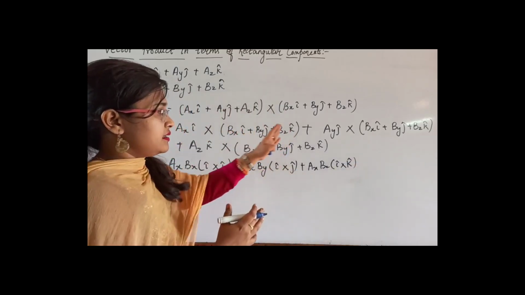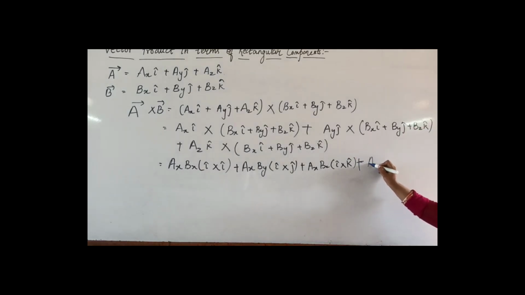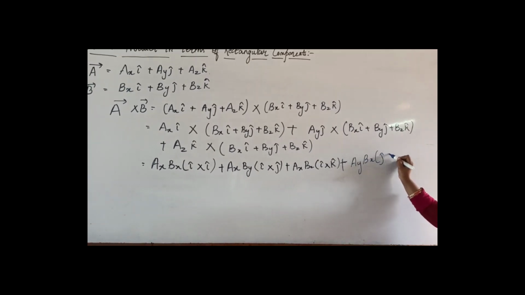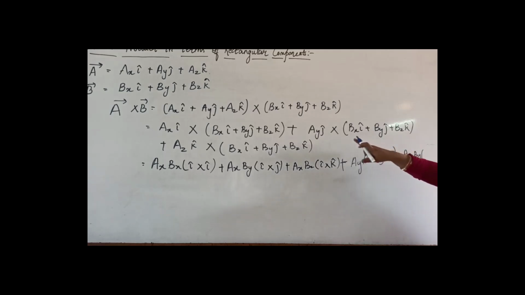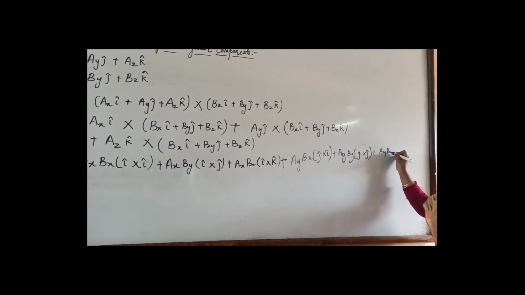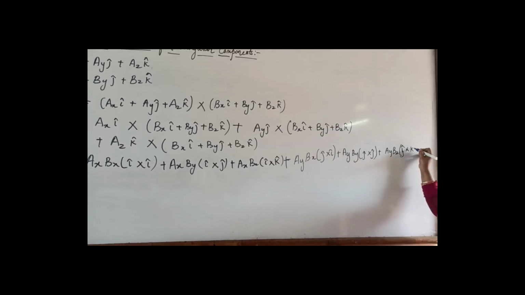Clear? One bracket is completed. Next, Ay Bx, J cap cross I cap, plus Ay By, J cap cross J cap, plus Ay into Bz and J cap cross k cap.